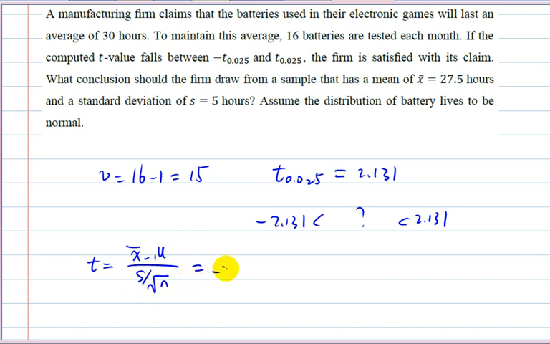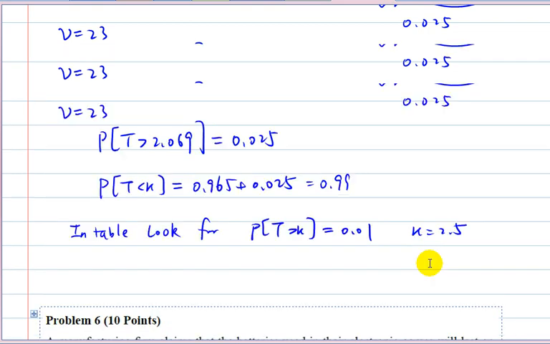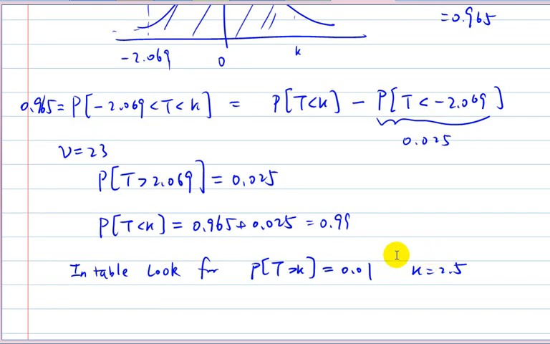You calculate this and get negative 2, which is between these two values. So your conclusion should be yes, that's valid. All right, that's all for this assignment, not much calculation. Make sure you understand the concept and how to look up tables, and you should be okay. All right, thank you.